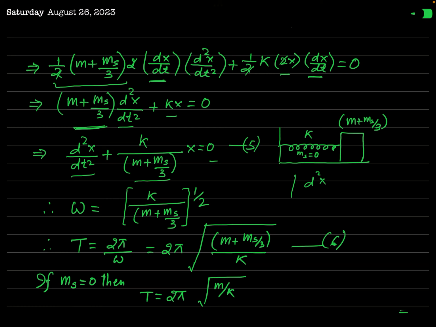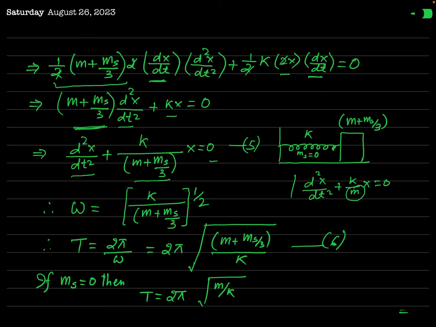Now, you can compare this result with the standard equation of the spring mass system. You have seen that the equation of motion of a spring mass system is d²x/dt² + (k/m) x = 0. And in the place of this m, what is here? In the place of m, you can see this is m + ms/3. So this massive spring mass system can be assumed like this. You can think of this problem by this technique.